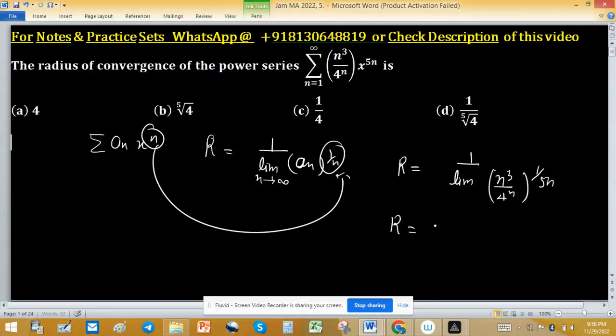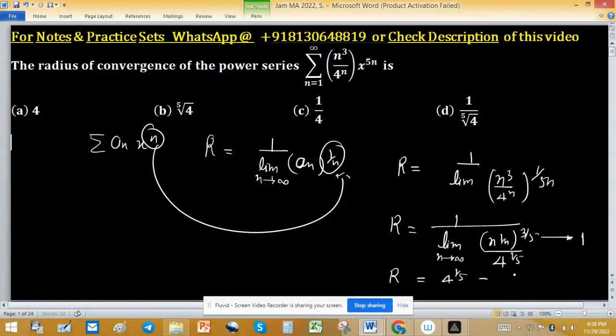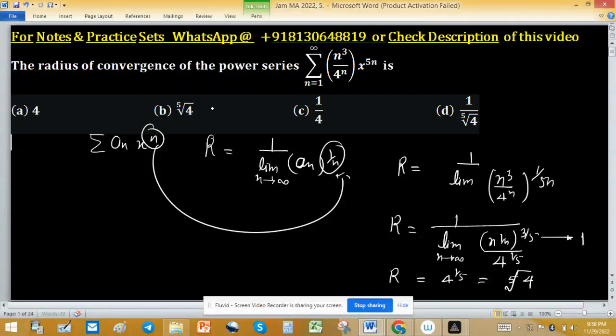So r equals 1 upon limit n tends to infinity of n raised to the power 3 upon 5n times 4 raised to the power 1 upon 5. This value of n part is going to 1, that's why r equals 4 raised to the power 1 upon 5, the fifth root of 4. Option B is correct.